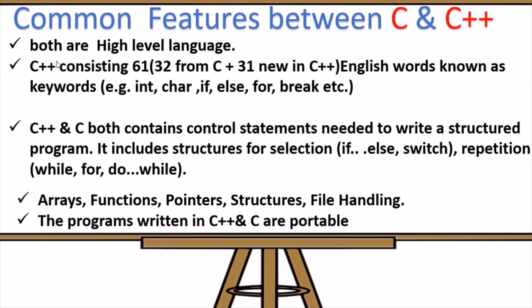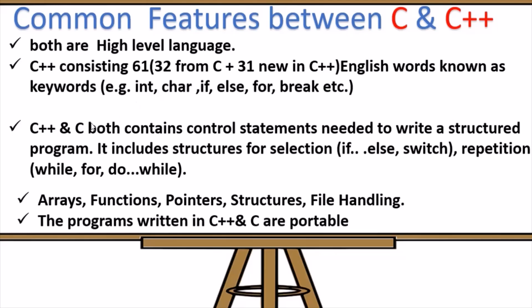C++ consists of 63 keywords, 32 from C language and 31 new in C++. As we know, keywords are reserved words in C++, like we have already used in C, that is int, char, if, else, for, break, isn't it?